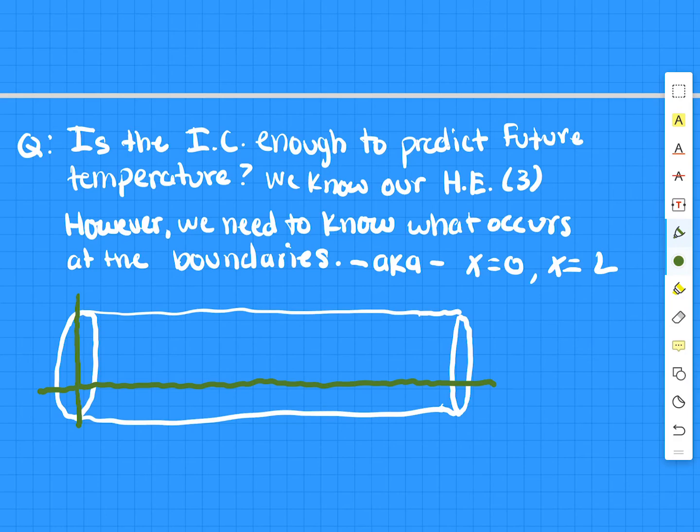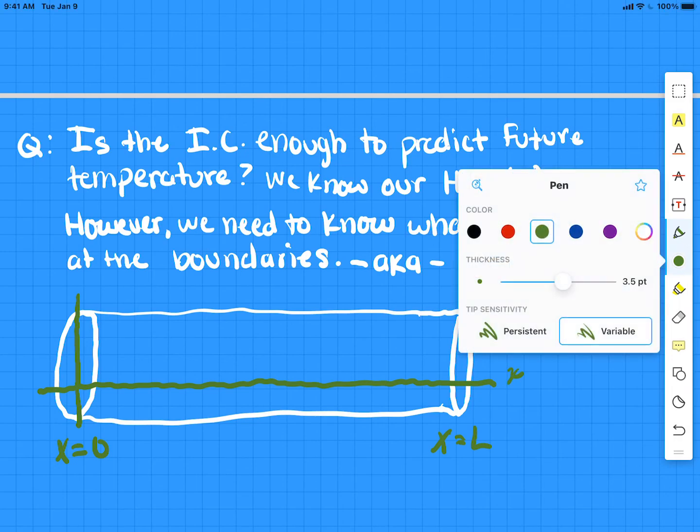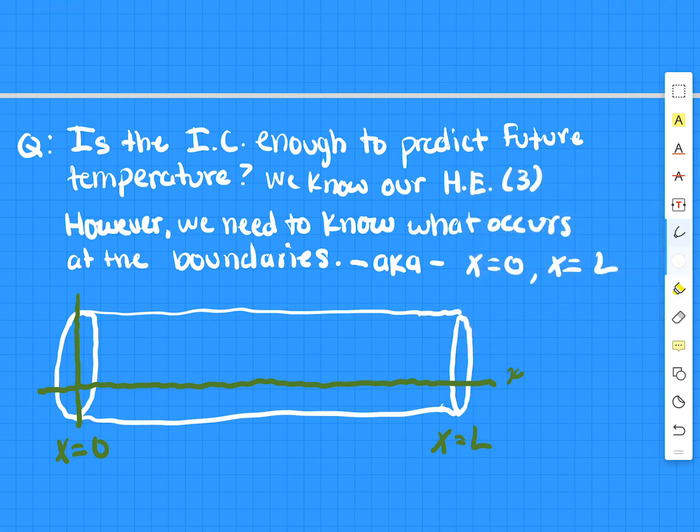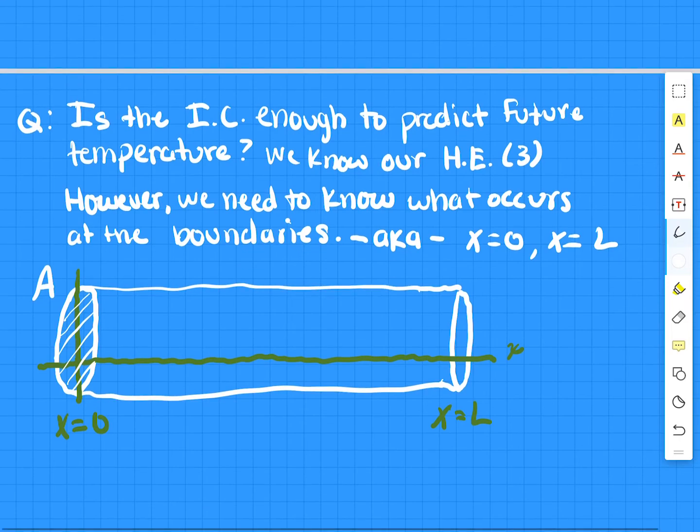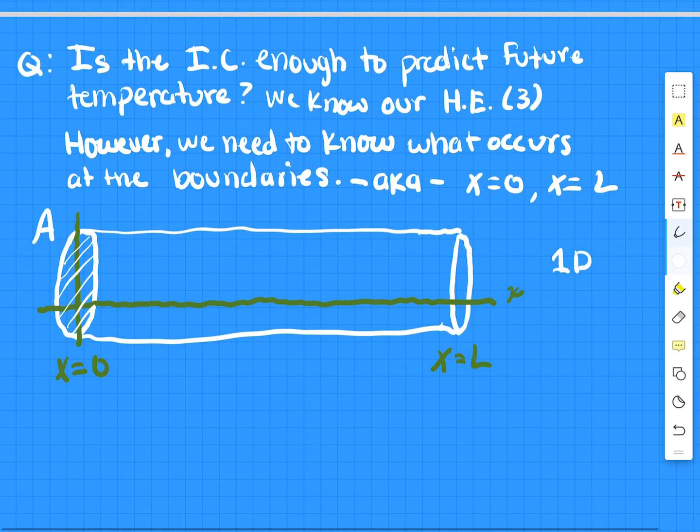At the end point here on the left hand side, this is where x equals 0, and on the right hand side, this is where our arbitrary end condition is going to be, where x equals L. And again, if we label our axes, this is x, and it's a one-dimensional rod, where at the endpoints, x equals 0 and x equals L, we have to also know what's going on at the endpoints, not just the initial temperature.